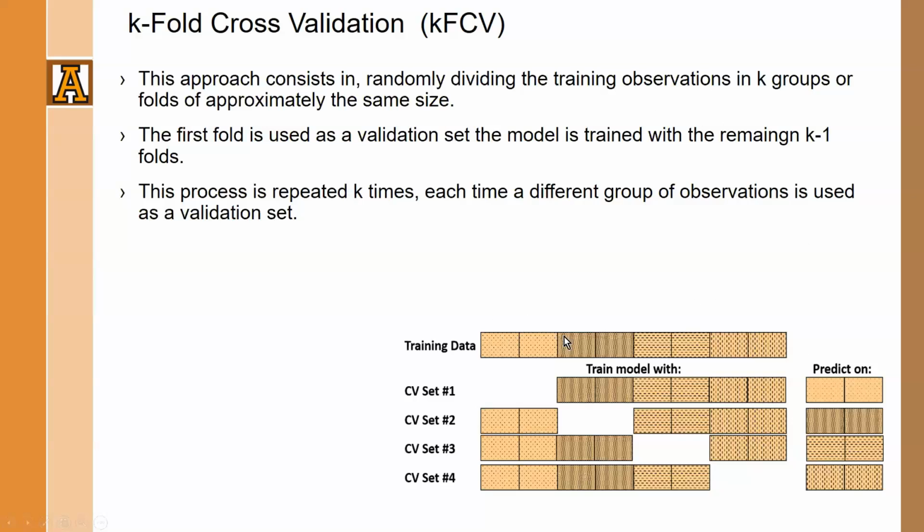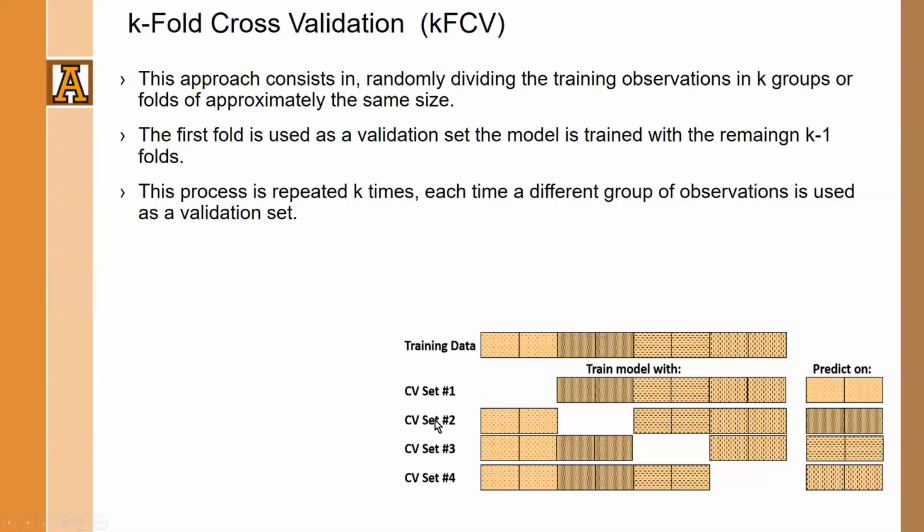This is an illustration of how this thing works. This is my training data, and this is an example with four-fold cross-validation. We have 4 folds. The first time we train the model with fold number 2, 3, and 4, which are these three folds here, and we test it, or we predict, on these observations.